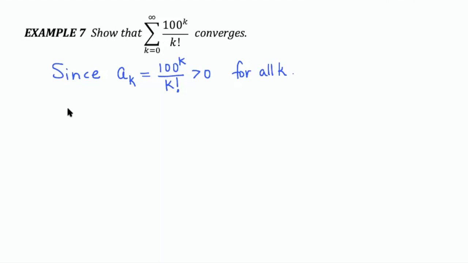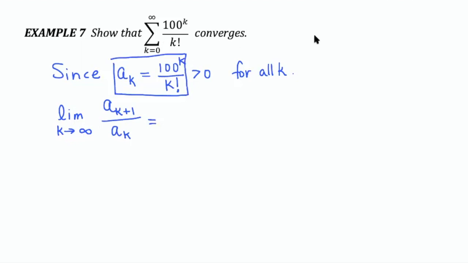Now I can apply my ratio test, which says take the limit as k goes to infinity, always of a sub k plus 1 divided by a sub k. Now I already have what a sub k is equal to. I just need to figure out what a sub k plus 1 is, simply by replacing the k's with k plus 1's.